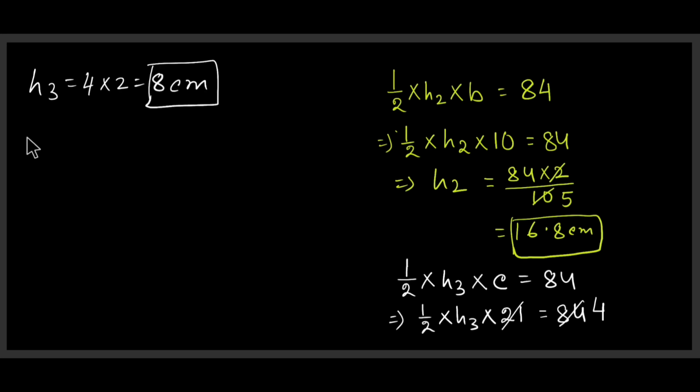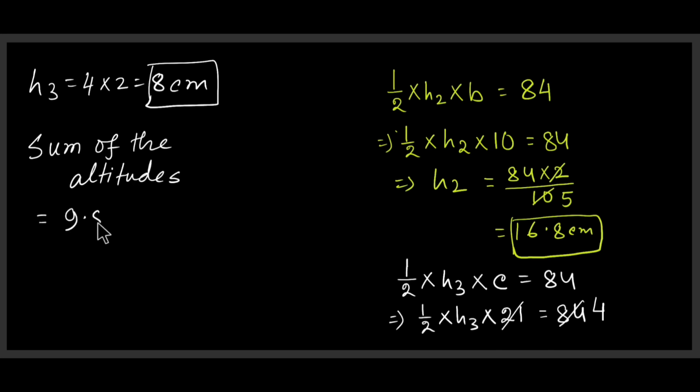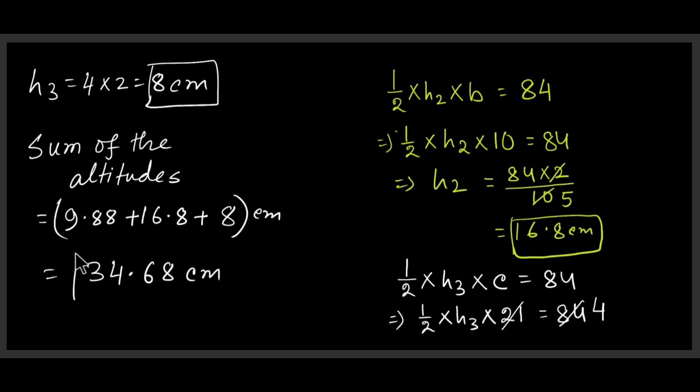Therefore, the sum of the altitudes equal to 9.88 plus 16.8 plus 8 centimeter, and it must be 34.68 centimeter. So it is our answer.